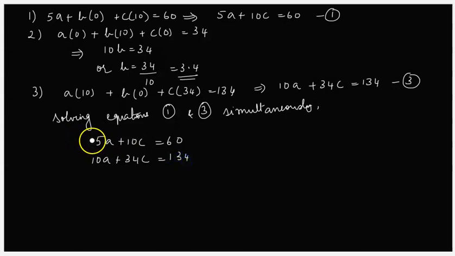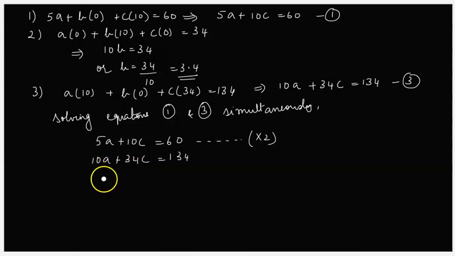So only if the coefficients of either a or c are the same, and if we subtract, then we can eliminate either a or c. So now what I'll do is I will multiply this first equation by 2 so that the coefficient of a becomes 10, and even for this equation the coefficient is 10.